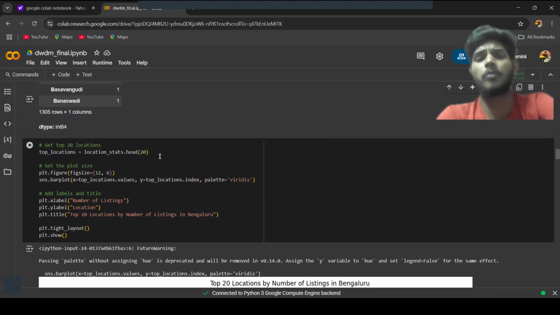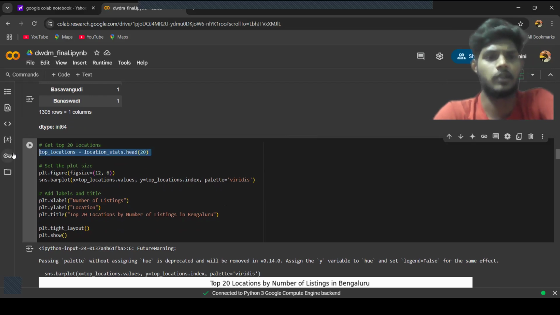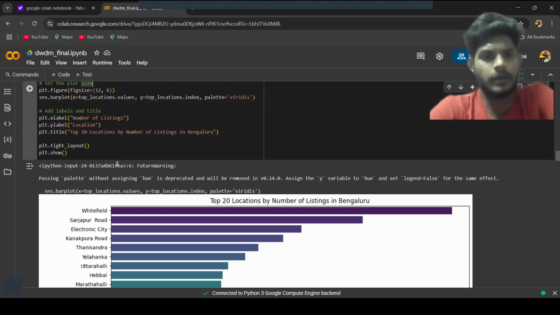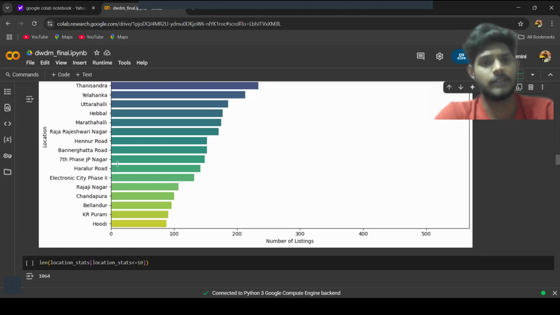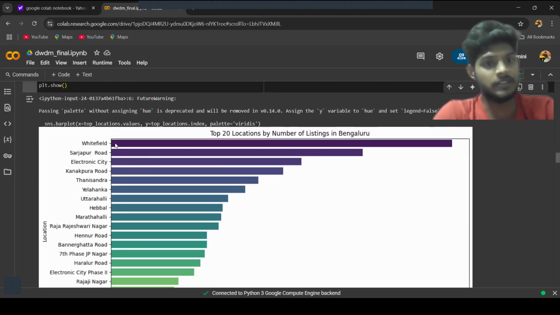Here we are getting the topmost, that means very popular locations in the Bangalore city. We are taking the top 20 and printing. Here we are drawing a bar graph with respect to the popular cities and their count values. The popular cities you can see are Whitefield, Sarjapur Road, Electronic City, all these.